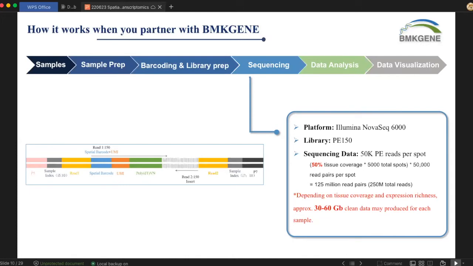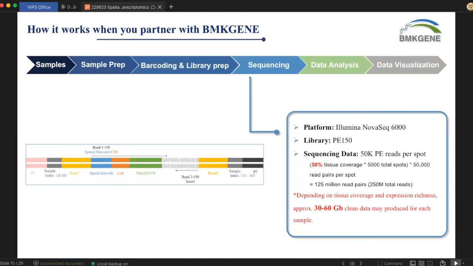With a very simple calculation, if we have 50% tissue coverage, that will generate 2,500 spots, and for each spot we want 50,000 read pairs. From there, we will generate around 250 million total reads.